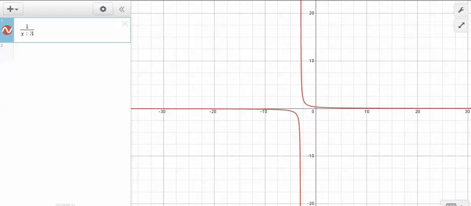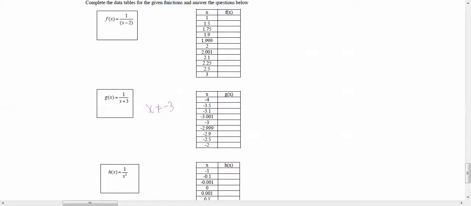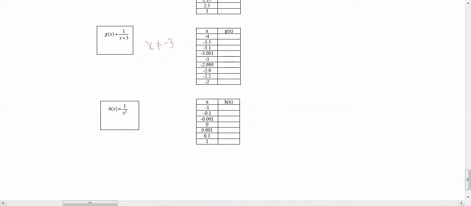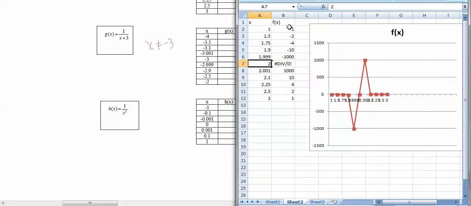Alright, now this last one is really important, and I want to show it to you. 1 over x squared. In fact, let's take a look at the slow table. Here we go. I want this function to equal 1 divided by this number squared.